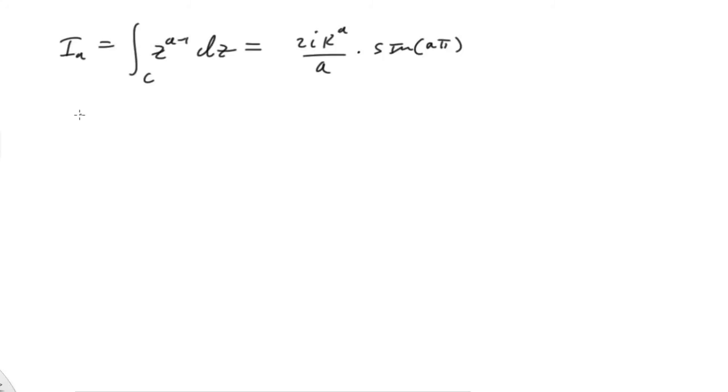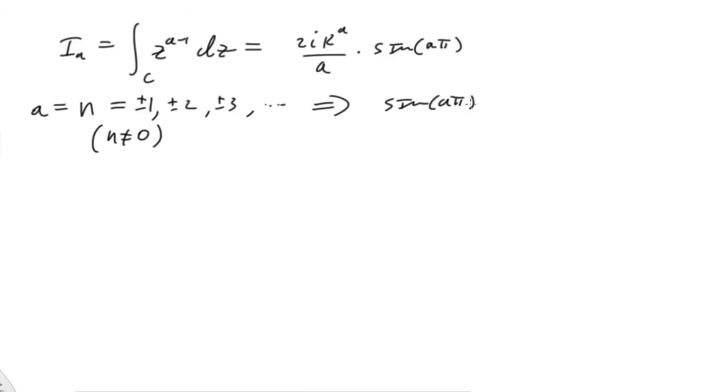All right, so first of all, if I take a to be equal to plus or minus 1, plus or minus 2, plus or minus 3, and so on, and what we're writing here is n not equal to 0, because if I make a equal to these integers, that would imply that sine a pi is equal to sine n pi, which is always 0.